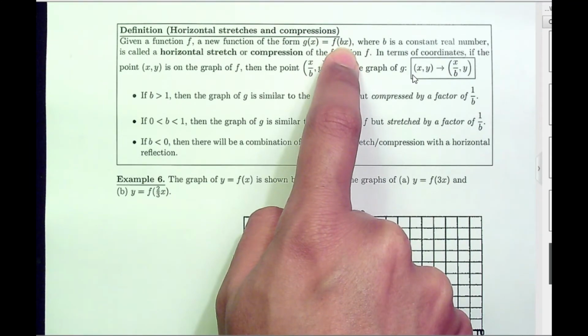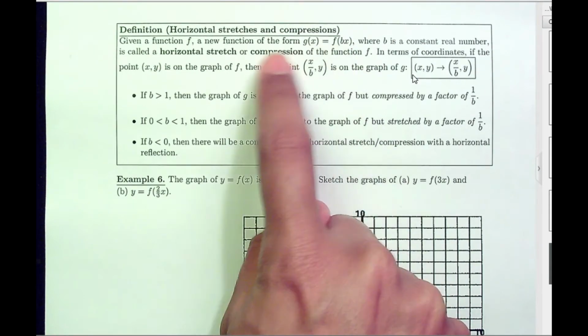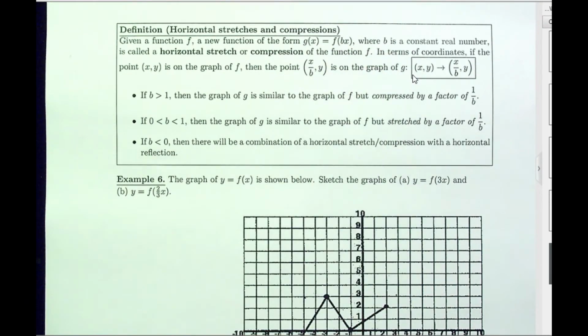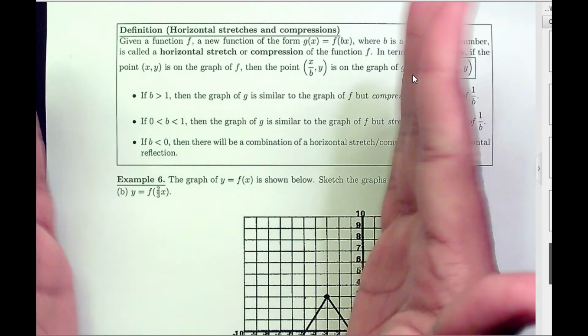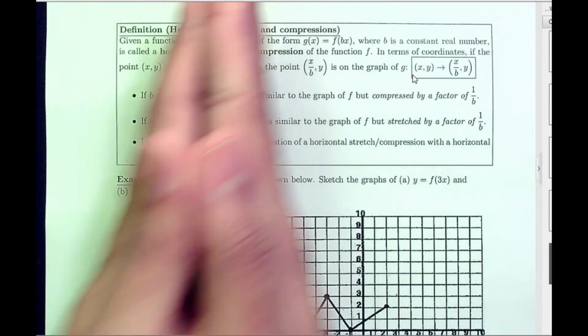So because it is happening inside f, that means it's a horizontal type of transformation. If the multiplication were happening outside, it would be a vertical type of transformation. Okay, so now the compression is going to happen horizontally.